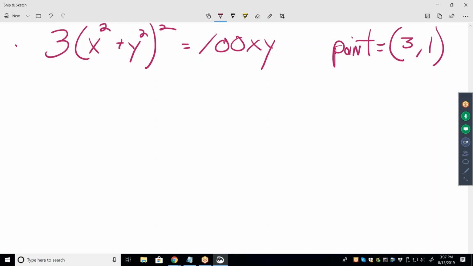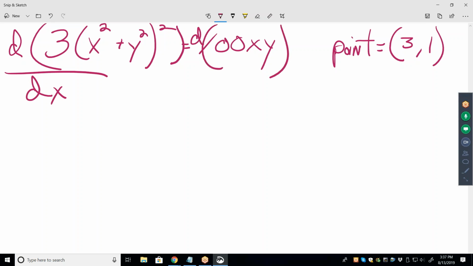So the first thing we're going to do is take the derivative of both sides with respect to x. And that's always the first step when you're doing implicit differentiation. So let's tackle the left side first.